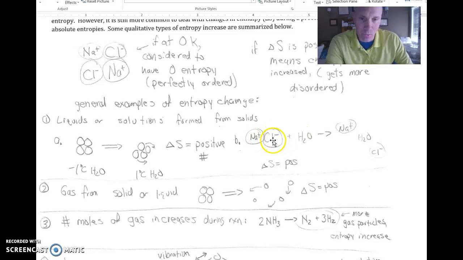And so what happens when you dissolve this? Well, this orderly pattern of ions now becomes relatively more disordered because they're all just randomly swimming around as solute particles in the water.